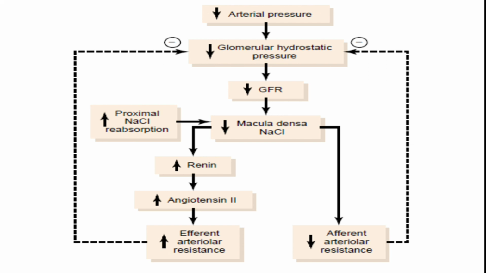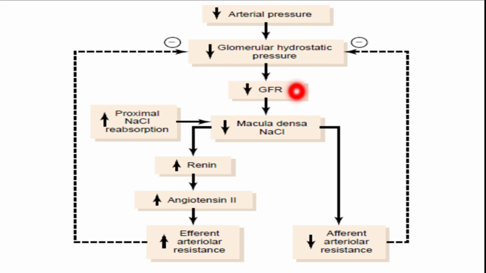So due to this decreased blood pressure, the glomerular capillary hydrostatic pressure will decrease, because you know that the major determinant of the glomerular capillary hydrostatic pressure is our arterial blood pressure, as we have talked about in the previous video. And when it decreases, it will cause a decrease in the GFR.